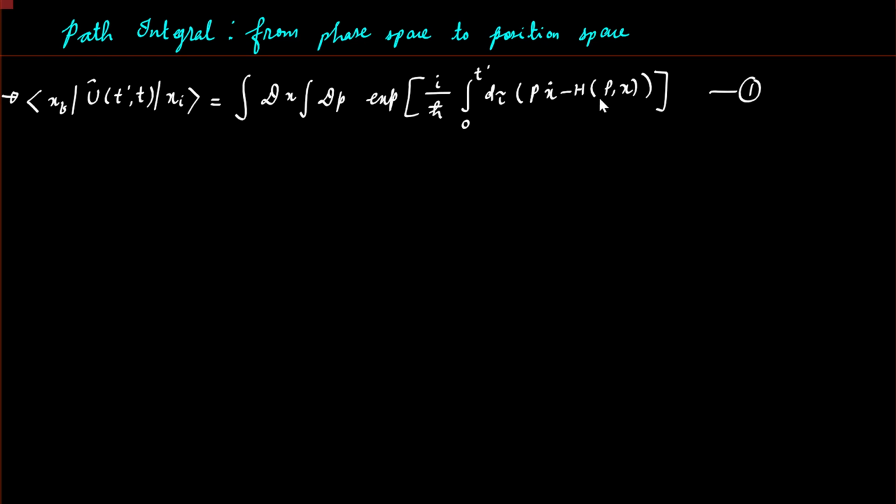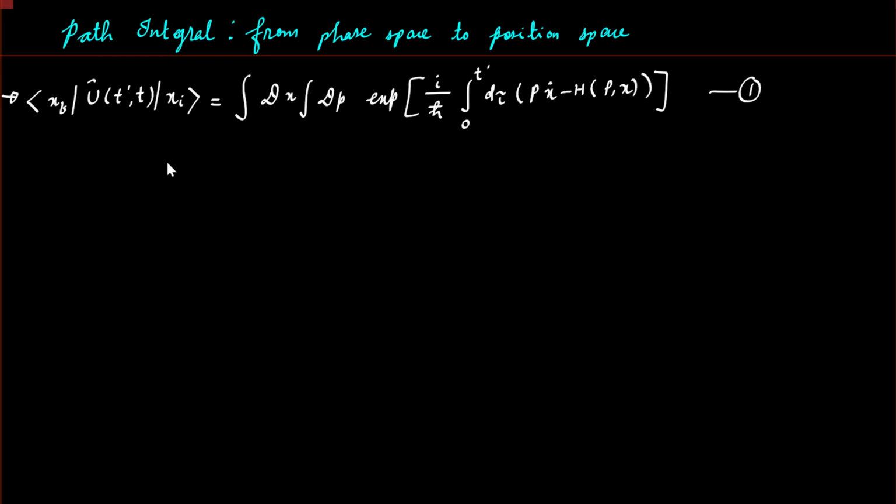This Hamiltonian is actually the most generalized version for a system. It can have a mixed term, that is, it may contain momentum times some position, or momentum squared times some position term, because it is the most general form of the Hamiltonian. Let me write it first.